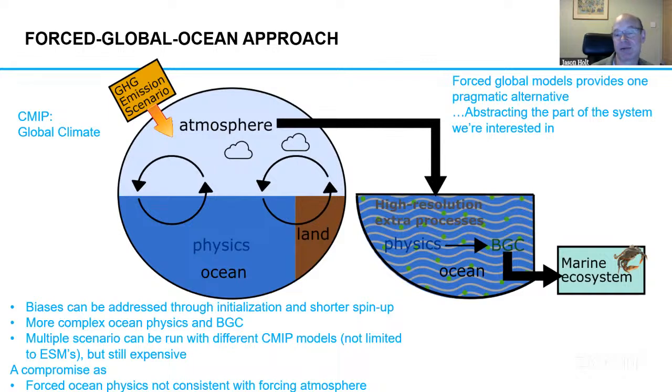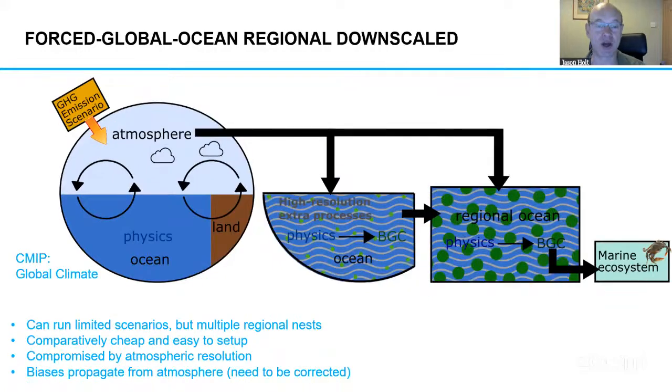They do have a particular issue that they are no longer dynamically consistent between the ocean and the atmosphere, so you may get climatic drifts in these, for example. And you can go one stage further and downscale from those global forced models, forcing to high resolution in the coastal ocean.